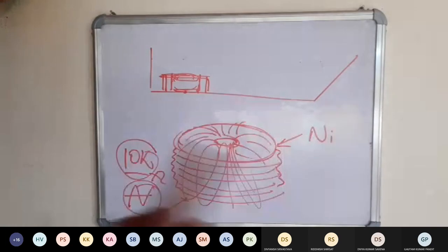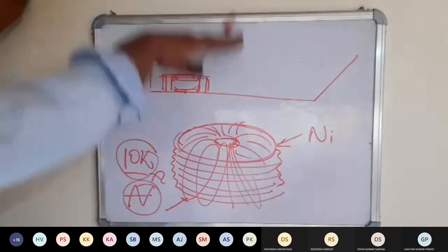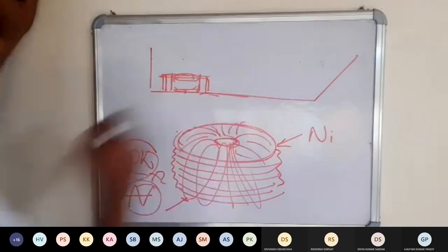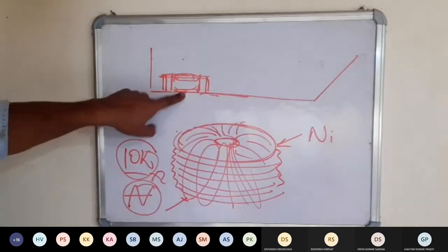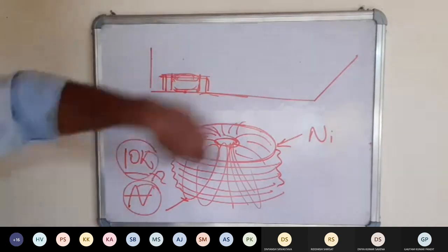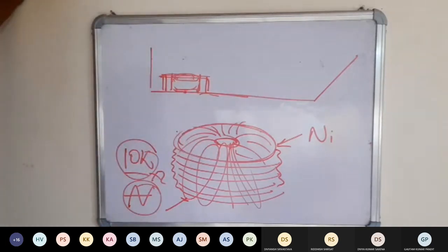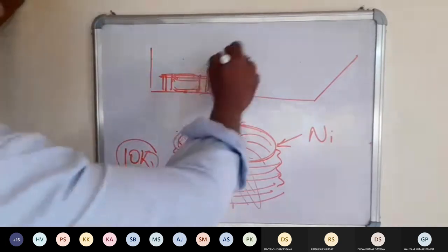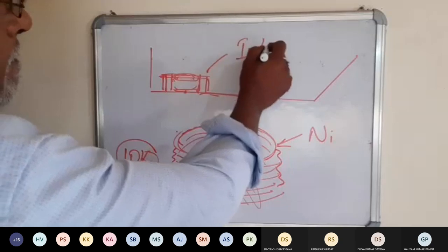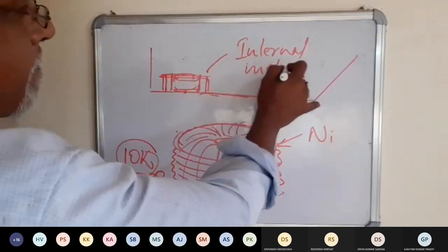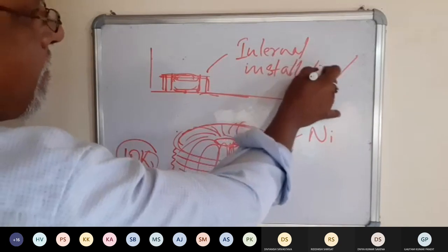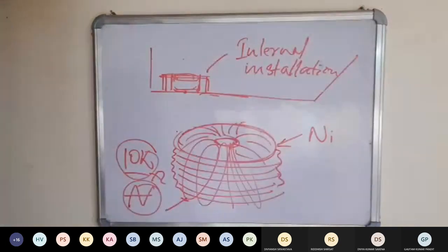Remember, इसमें होल नहीं काटते। This system is sitting onto the hull plate. टच कर रहा है उसको, लेकिन हमने ब्रीच नहीं किया है, हल को काटा नहीं है। It is internal installation.